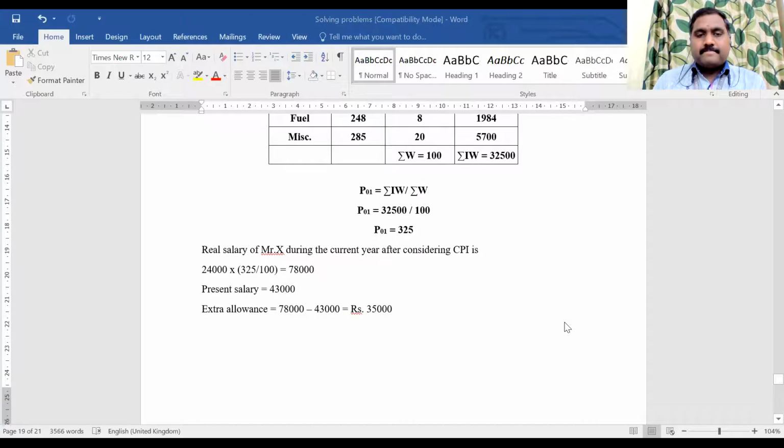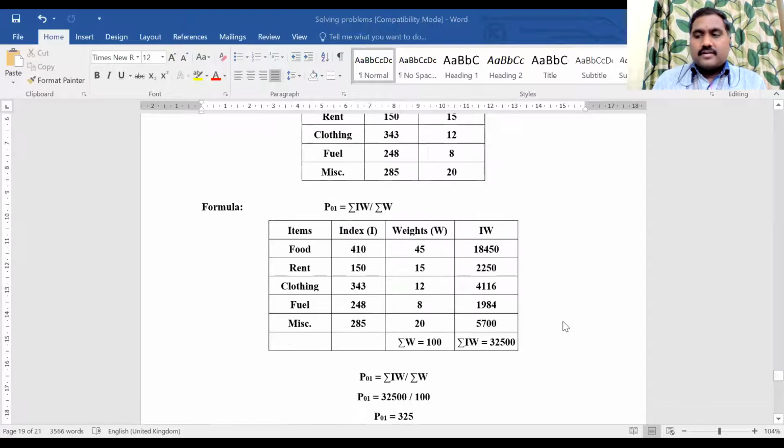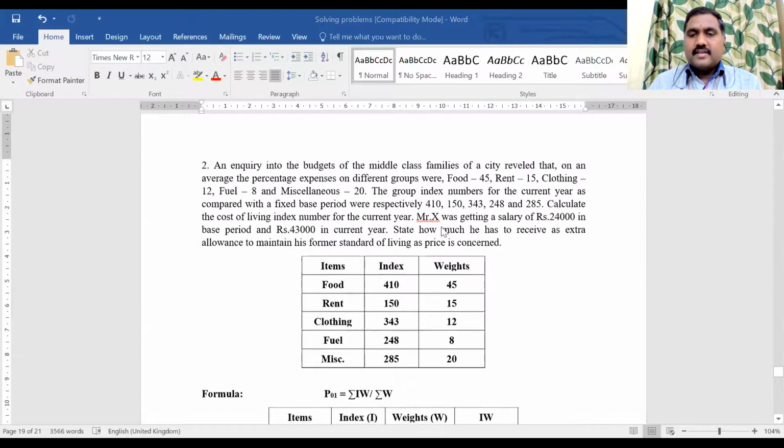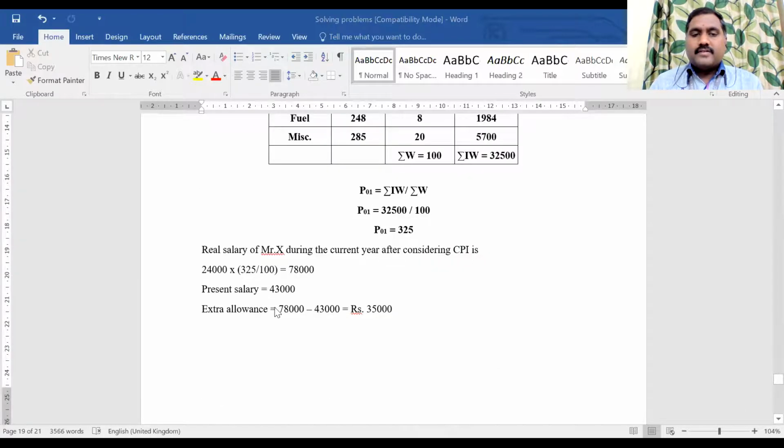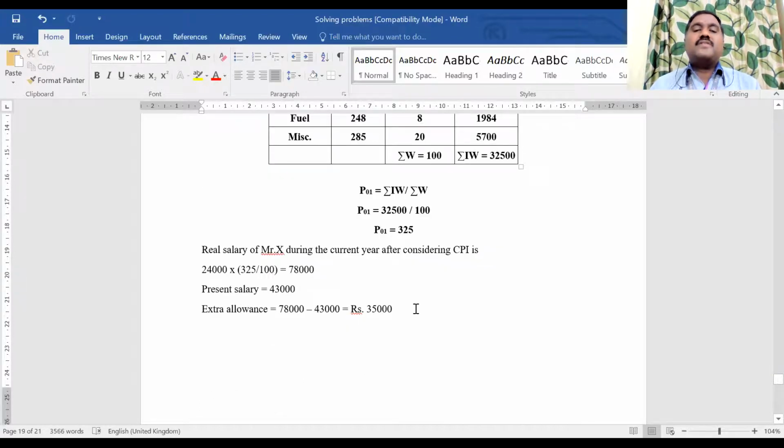Clear? Okay, you can copy this. Once you copy, tell me. So we write here, X is getting, therefore the extra allowances needed to maintain the standard of living is rupees 35,000. Like that you have to write.